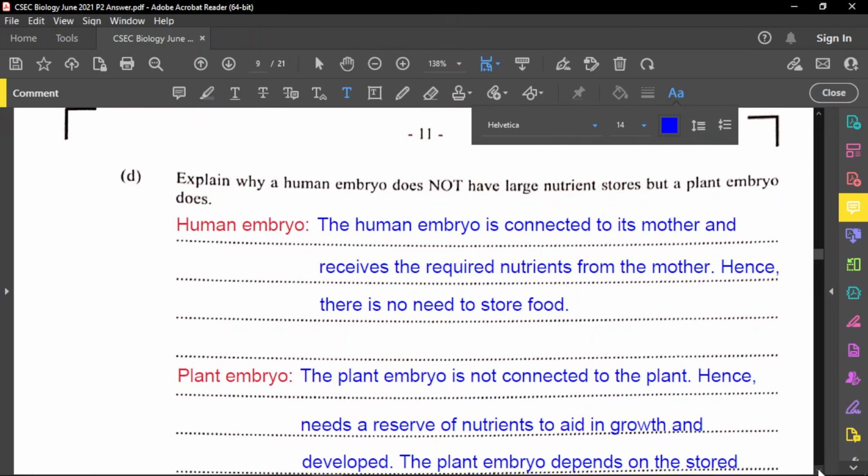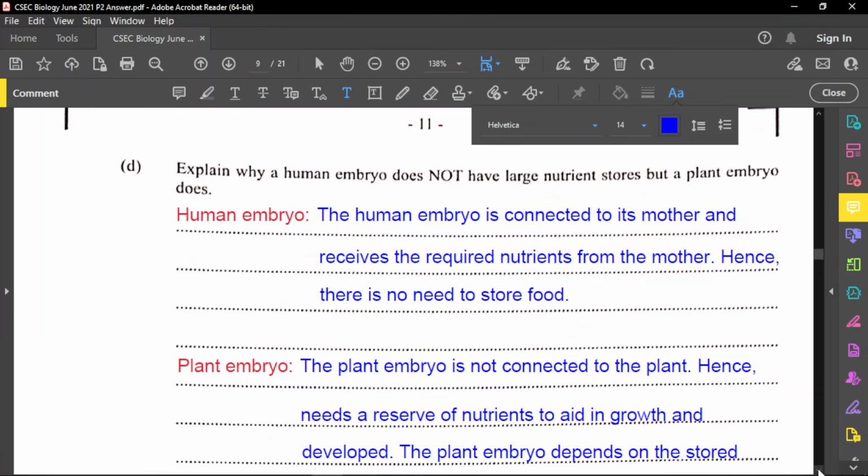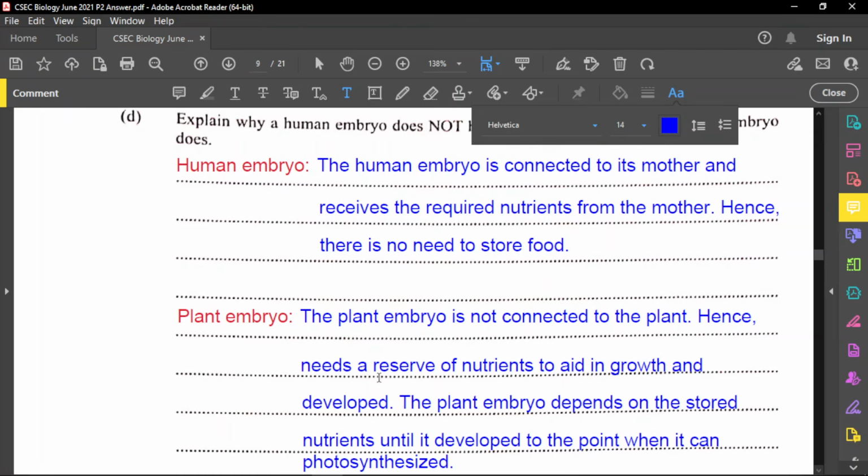The human embryo is connected to its mother and receives the required nutrients from the mother. Hence, there's no need to store food. However, the plant embryo is not connected to the parent plant, and because of this, it needs a reserve of nutrients to aid in growth and development.